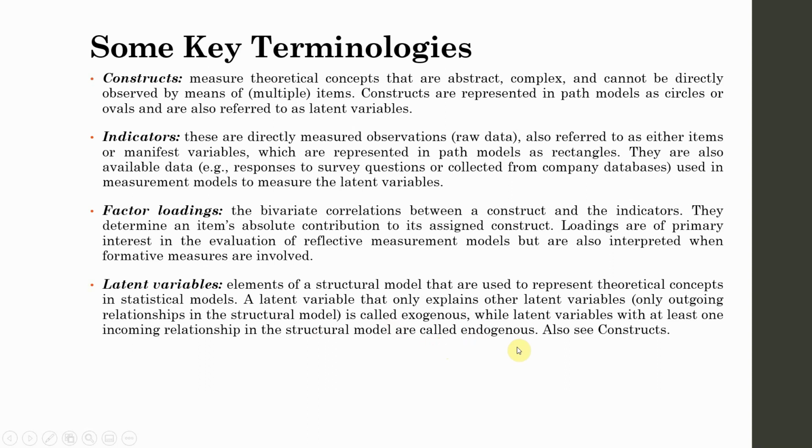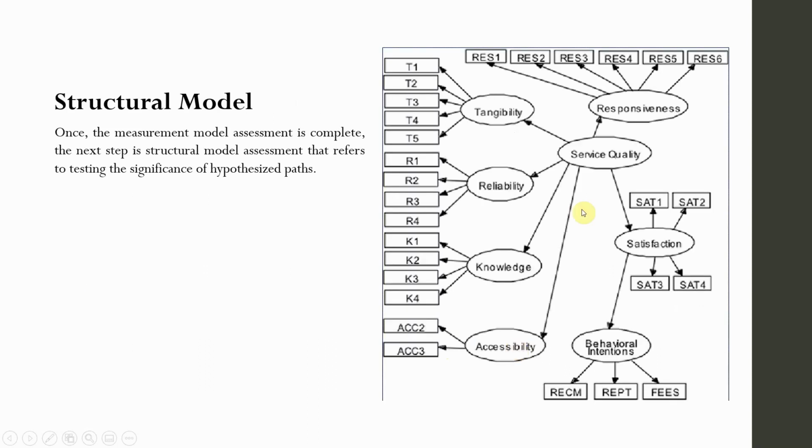Let's have a look here. In this case, service quality is an exogenous variable. No arrow is pointing towards service quality. Whereas satisfaction is an endogenous variable, but it is also an exogenous variable, because an arrow is pointing towards it, but then an arrow is also pointing from satisfaction to behavioral intentions.